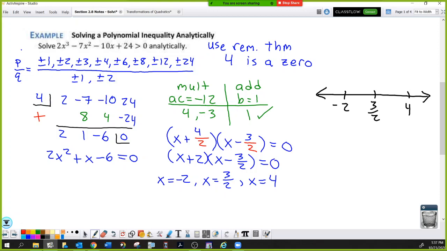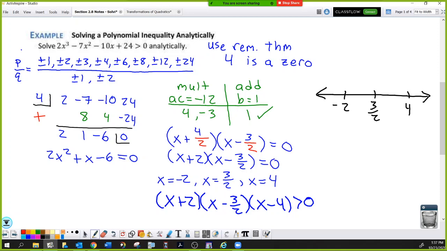Well, wouldn't it be much, much easier if this was written in factored form? So we have an x plus 2 times an x minus 3 halves times an x minus 4. We're trying to figure out where that's positive. Four zones.